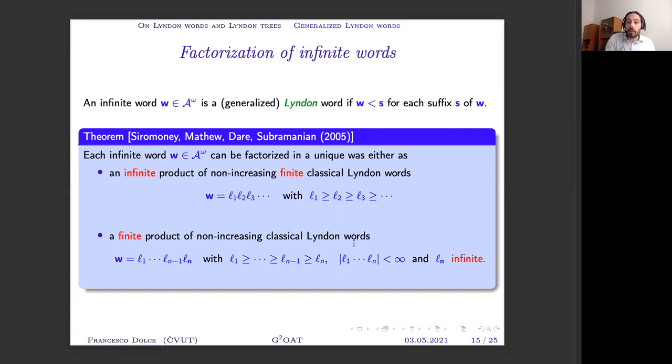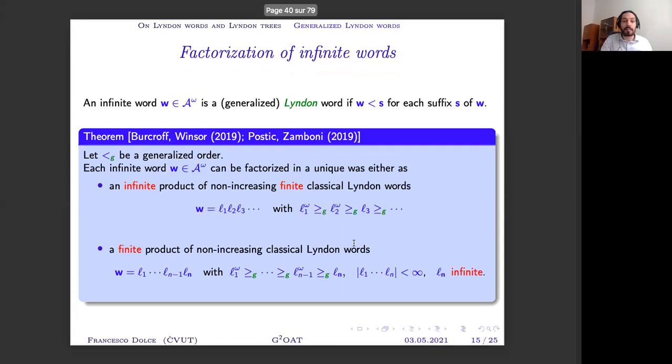But what about generalized Lyndon words? When we published the paper with Christophe Reutenauer and Antonio Restivo, we actually left this as an open question. And we were quite surprised that in a matter of a few months, less than a year, two different teams of people, Posti and Zamboni in France and Woodcock and Winsor in the US, with two different methods, found the same solution.